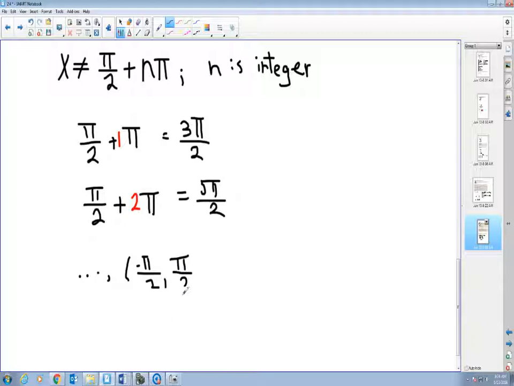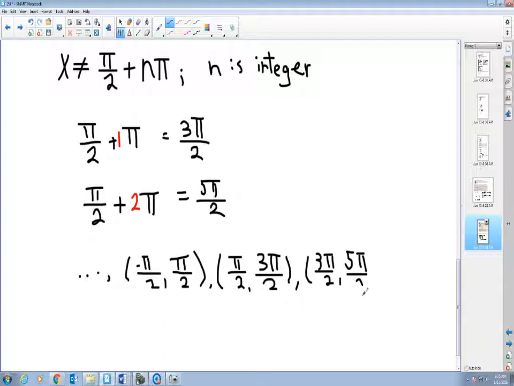Then the next interval where it is continuous will be from pi over 2 to 3 pi over 2. Then the next interval will be from 3 pi over 2 to 5 pi over 2, and then from 5 pi over 2 to the next one, and so on and so forth.